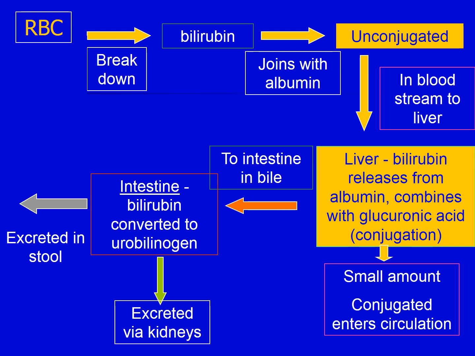Then it enters the intestine, where bilirubin is converted to urobilinogen, and it's excreted through the kidneys and then in the stool. It's a normal process. Next slide.